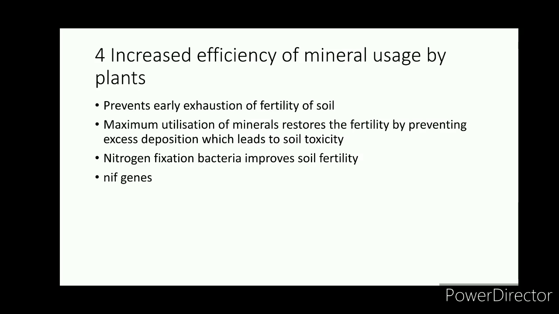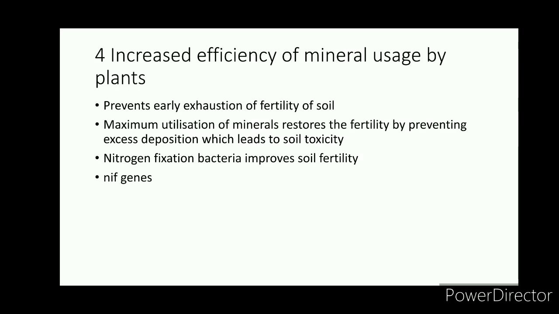So let us take one example for this, that is nitrogen fixation bacteria. How does this nitrogen fixation bacteria improve the soil fertility? Nitrogen is a source that is available in the atmosphere, and these bacteria help in the conversion of atmospheric nitrogen into useful components of nitrogen, that is ammonia, as well as other nitrogen products, as nucleic acids and enzymes require nitrogen for their growth and development.